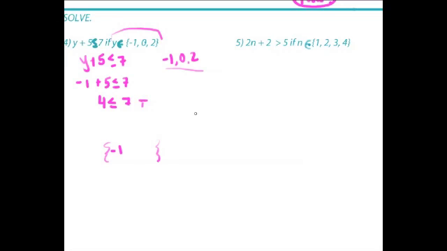Now you want to move on to the next number in the sequence, which is 0.